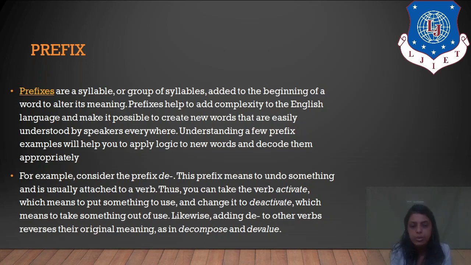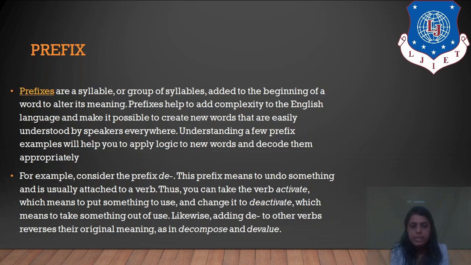I've already explained earlier that when to the root word you add something before, at the beginning, then it is known as prefix. Prefixes help to add complexity to the English language and make it possible to create new words that are easily understood by speakers everywhere.